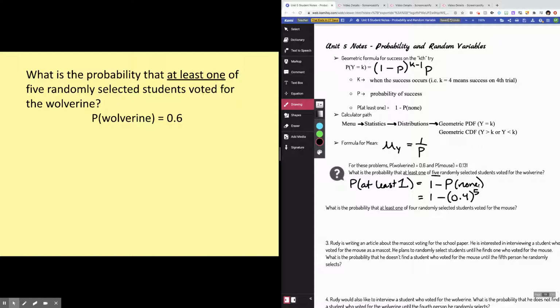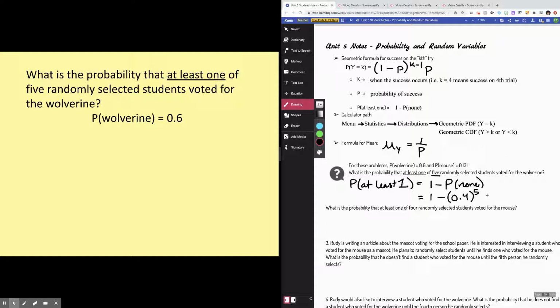So basically what we did here is we did 1 minus 0.6, which is 0.4, to the k minus 1. In this case, k is 6 technically, because we're getting our final success on the 6th person. But none of them chose the Wolverine, so 0.4 to the 5th power.